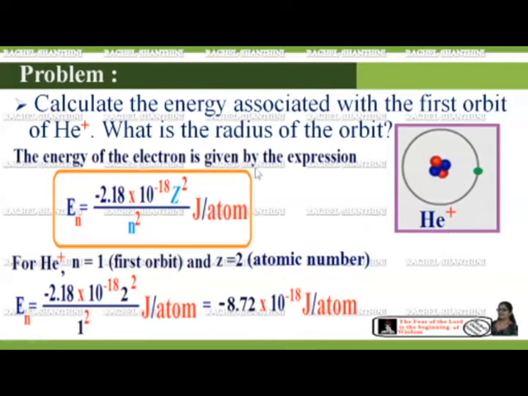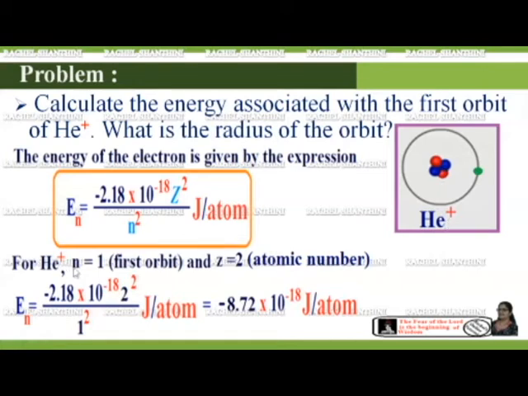First, let us calculate the energy associated with the first orbit of helium plus ion. The energy of the electron is given by the expression En equal to minus 2.18 into 10 to the power of minus 18 Z square upon n square joules per atom. We know that for helium plus ion, n equal to 1 because this is the first orbit and Z equal to 2. Z is nothing but the atomic number, that is the number of protons in the nucleus, which is 2 for helium ion.